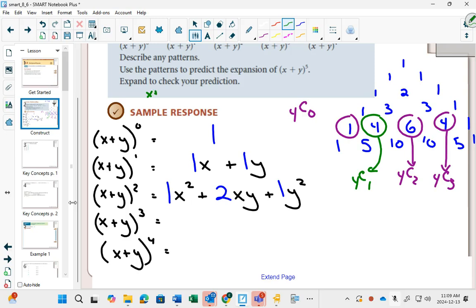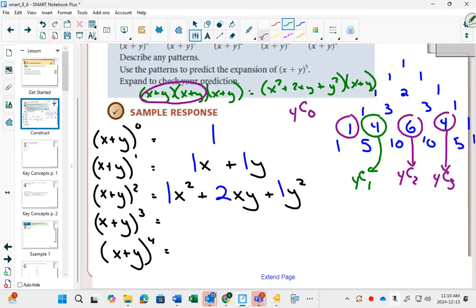Algebraically, this is all you could do right now: x plus y times x plus y times x plus y. And you know that 2 of them, we already figured that out, so this would equal x squared plus 2xy plus y squared, and that still needs to be multiplied by x plus y. And then you would have to do all the arrows and distribute that again.